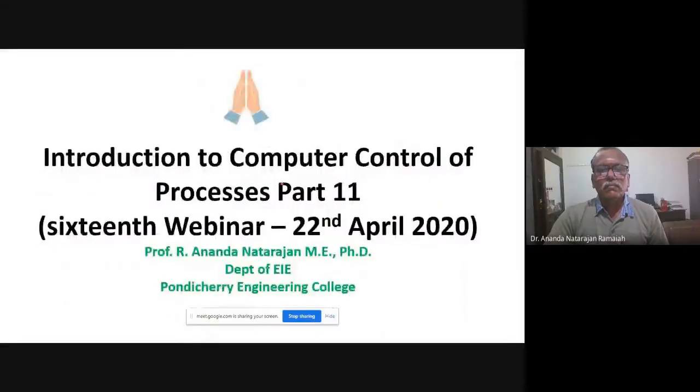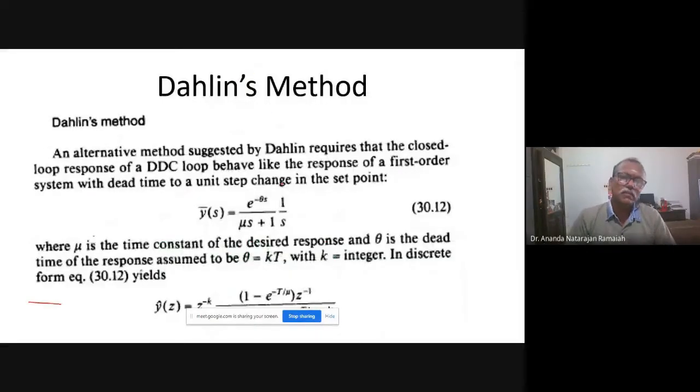Now, Dahlin's method. What is the assumption we made while designing a deadbeat controller? In the deadbeat controller, we made the assumption that the response is also a step function after one sampling period.